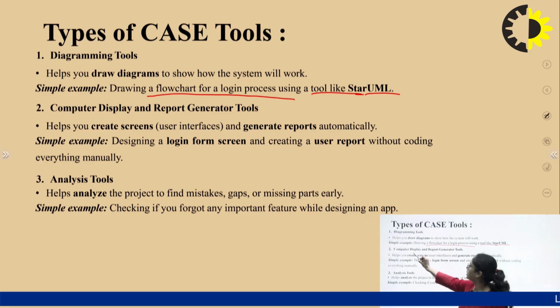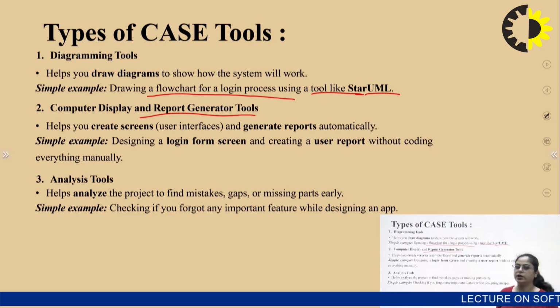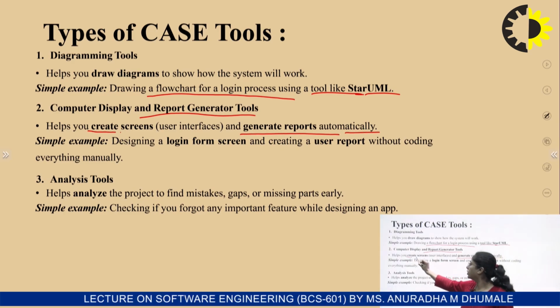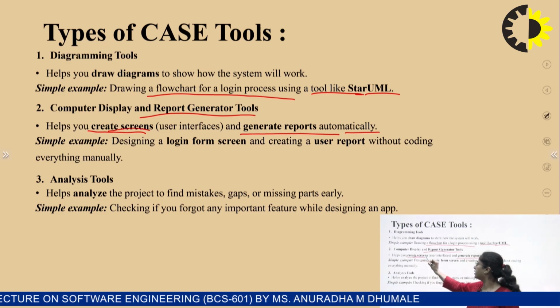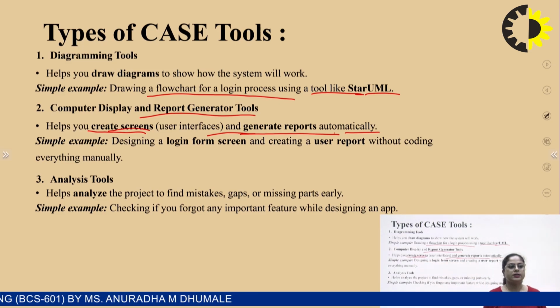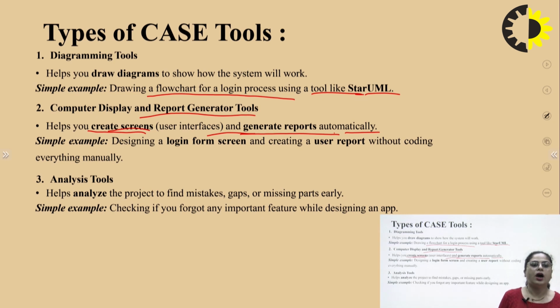Second is the computer display and report generator tool, which helps you create screens and generate reports automatically. An example is designing a login form screen and creating a user report without coding everything manually.